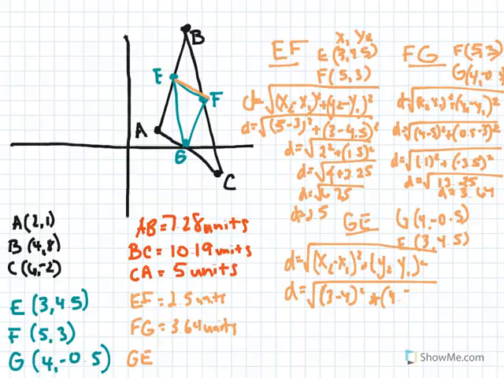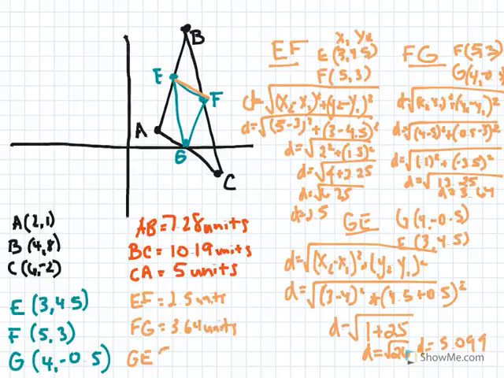This thing is being annoying. 4.5 plus 0.5 gives me 5. So I have negative 1 squared, which is going to give me 1. So I have distance equals the square root of 1 plus 25. Distance equals root 26. The square root of 26 is 5.099. I'm going to round that to 5.10. Equals 5.10 units. All right, so we found the lengths of the three mid-segments, EF, FG, and GE.